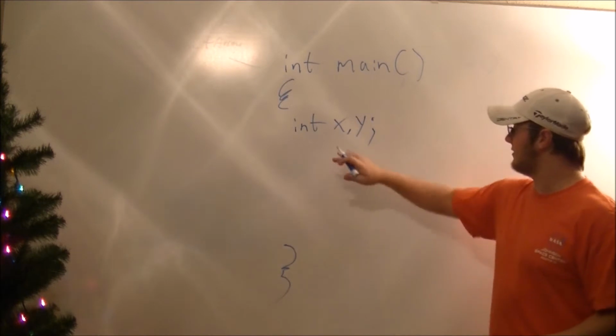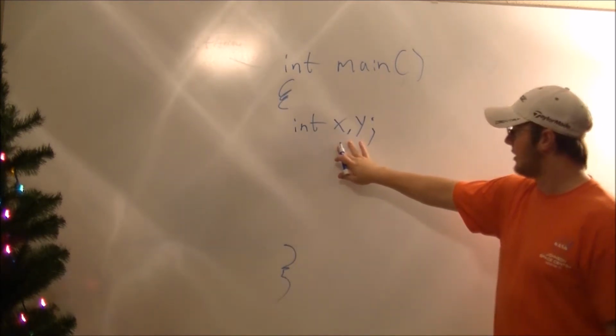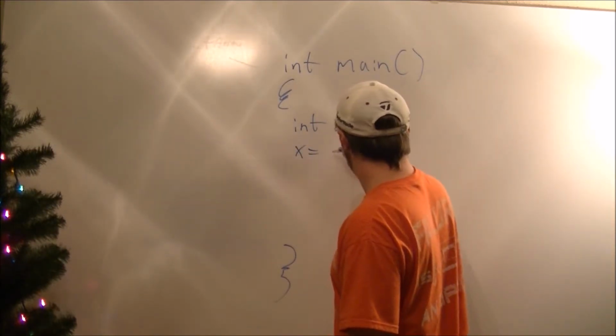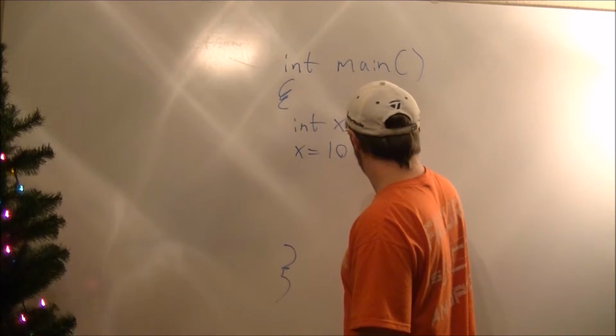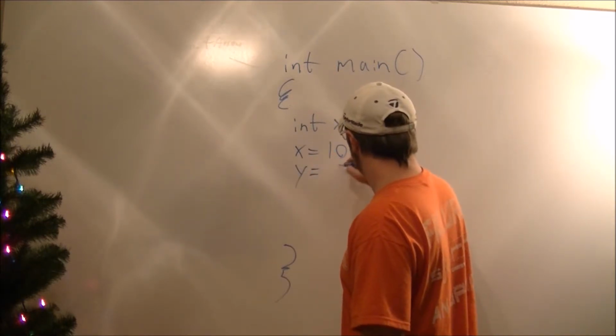So then after we've declared that we need an X and a Y variable, we can go ahead and assign them, such as X equals 10 and Y equals 5.